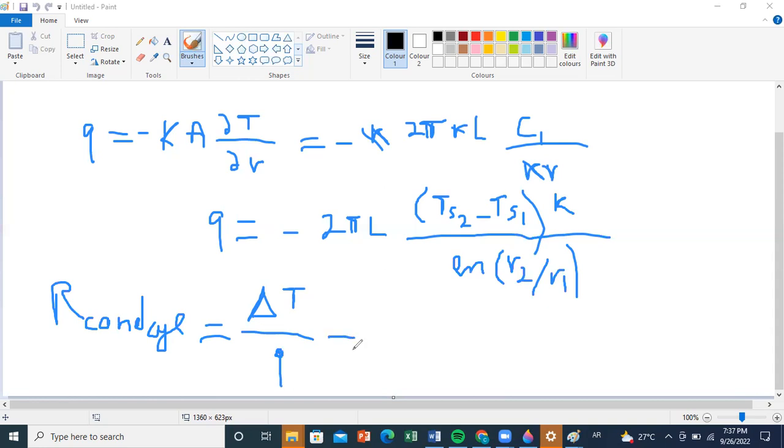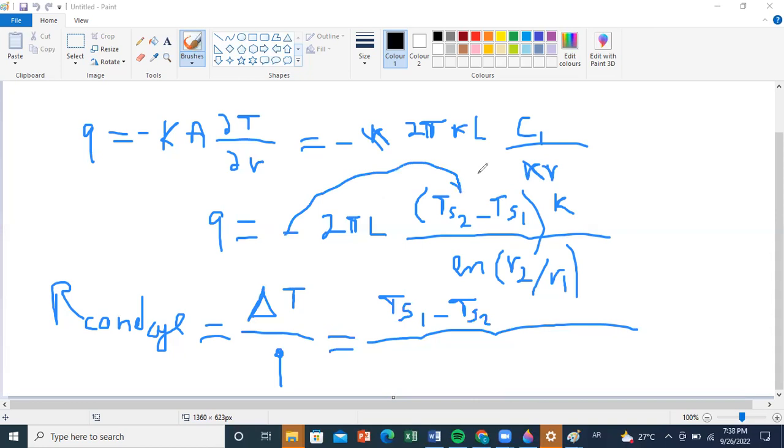Okay. Now we said that when we consider delta T, we take the highest minus the lowest. So here it will be TS1 minus TS2 over, and here you can take the minus inside, so you get over 2 pi times L times TS1 minus TS2 over ln R2 over R1.